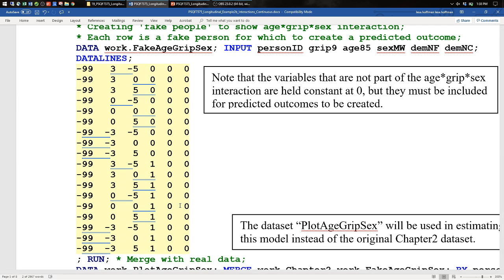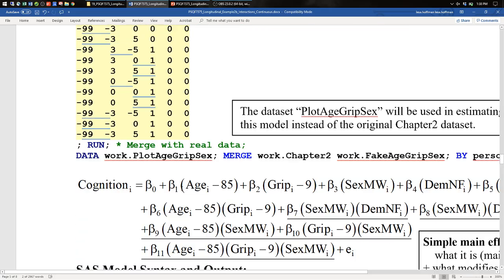So I picked negative 99 as my ID because then when you sort the data set, they're first, and I can just go in and grab those values very easily when I open up the data. But the reason that SAS knows they're fake is that they don't have an outcome. Oh, they only have predictors. So it's like listwise deletion, they're dropped for the analysis.